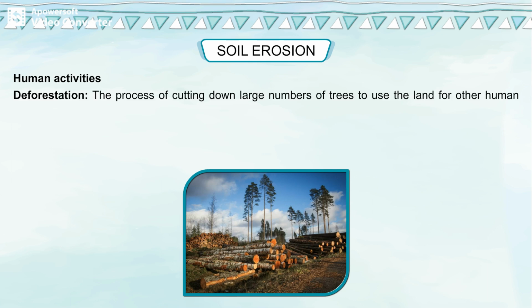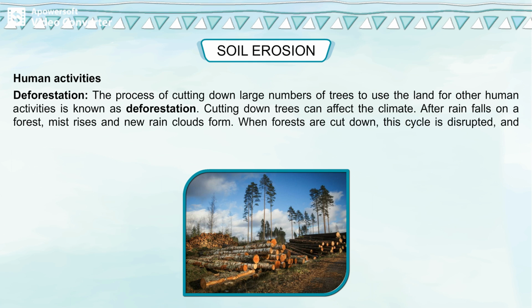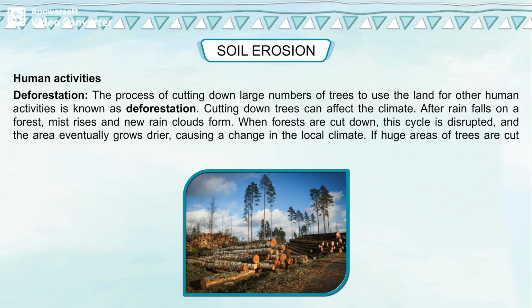Human activities. Deforestation. The process of cutting down large numbers of trees to use the land for other human activities is known as deforestation. Cutting down trees can affect the climate. After rain falls on a forest, mist rises and new rain clouds form. When forests are cut down, this cycle is disrupted and the area eventually grows drier, causing a change in the local climate.